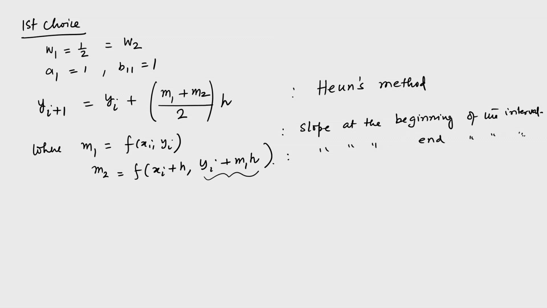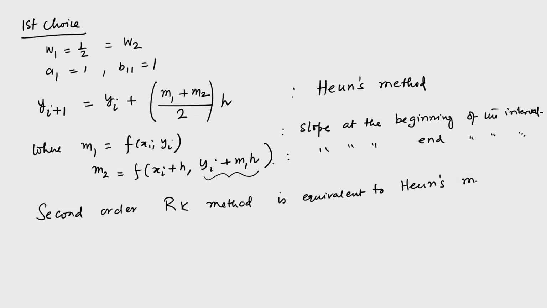And so, we can make a comment that the second order RK method is Heun's method, basically without the iteration.